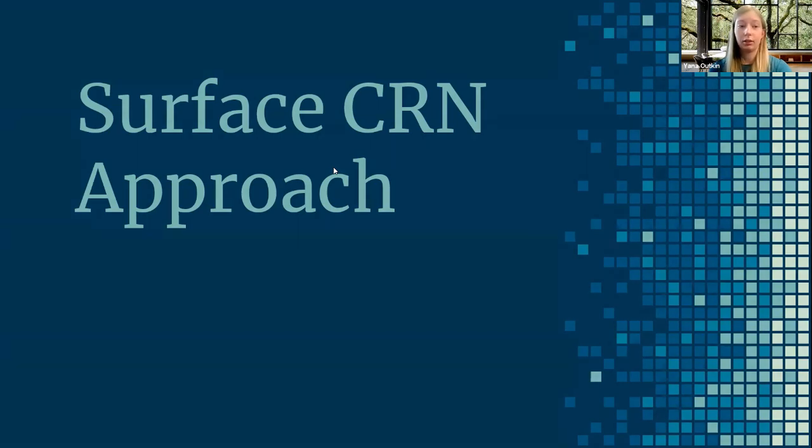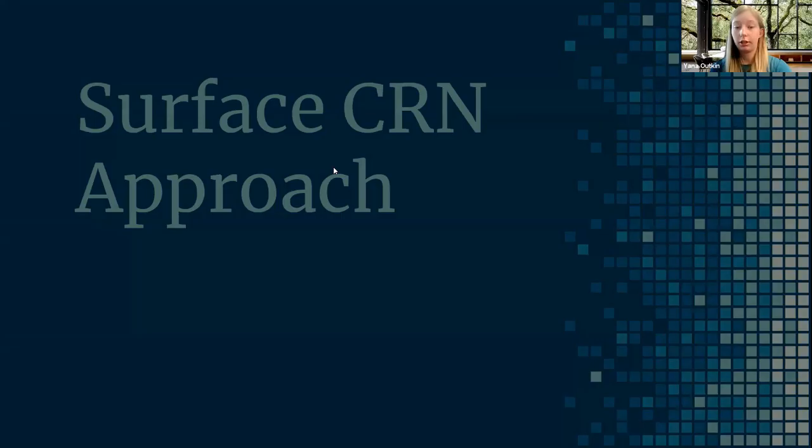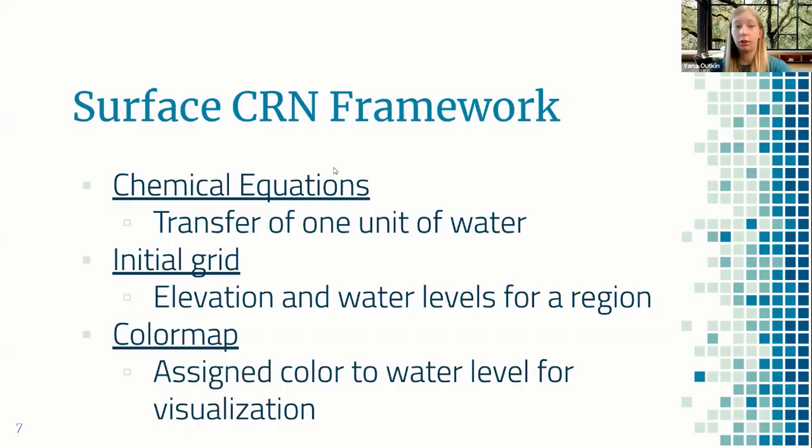So I used synthetic chemical equations to represent the transfer of 1 unit of water between two cells. These chemical reactions just represent changes in the cell state, like changes in the water level. So there are no actual chemical reactions happening in the water. It's all synthetic.